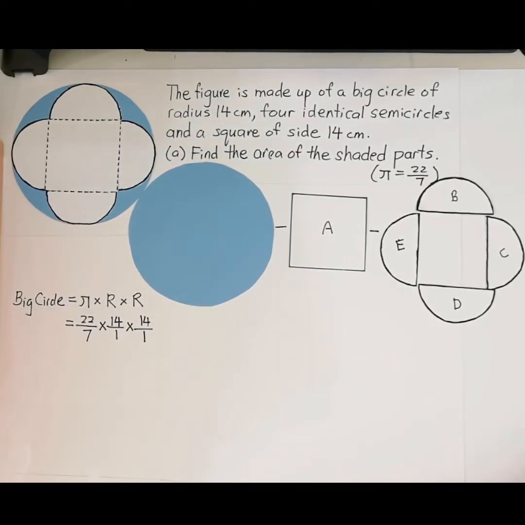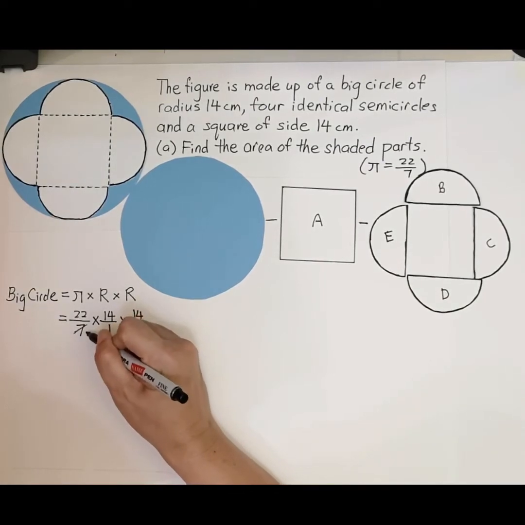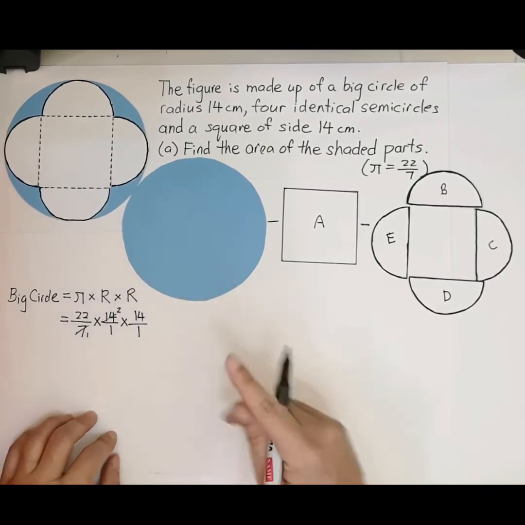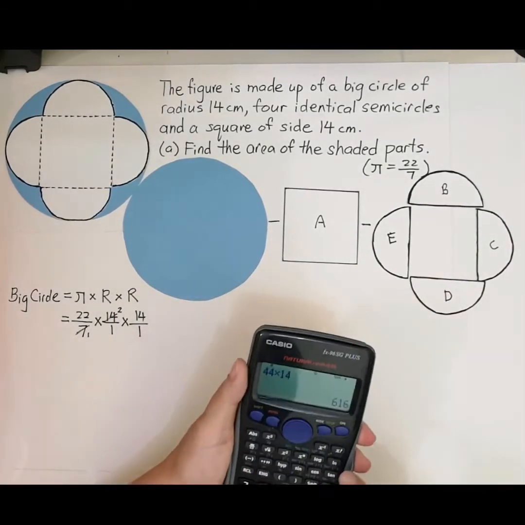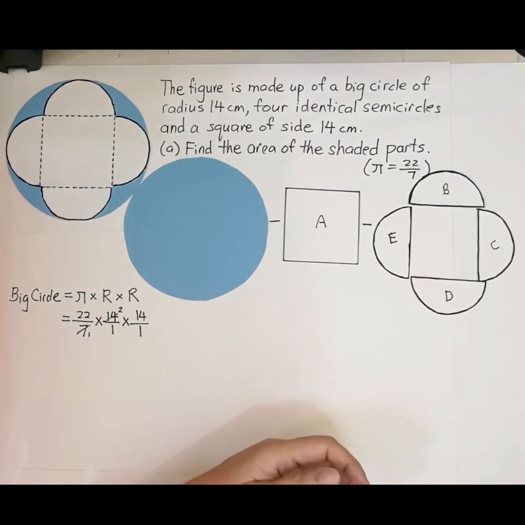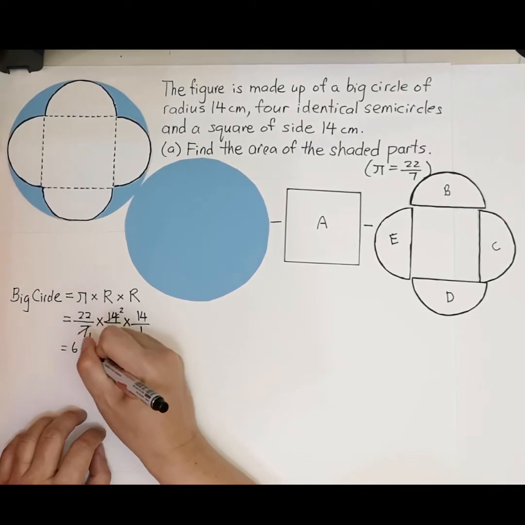And what does that give us? Okay, we'll simplify the fractions. That gives us 44 multiplied by 14, and that will give us 616 square centimeters.